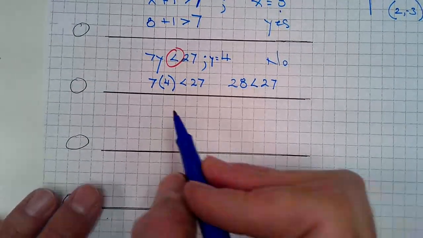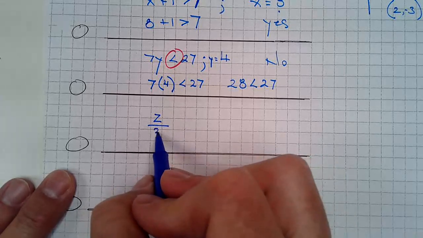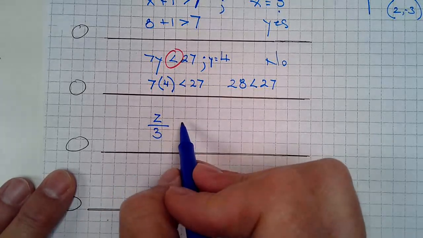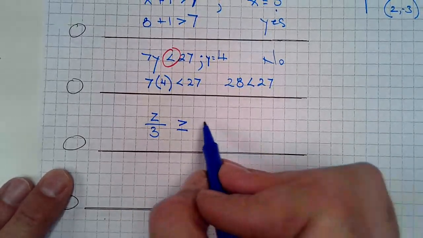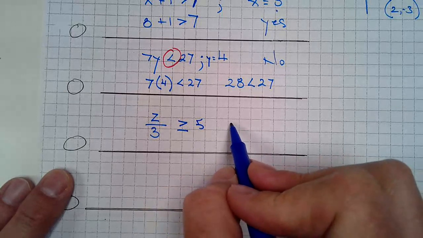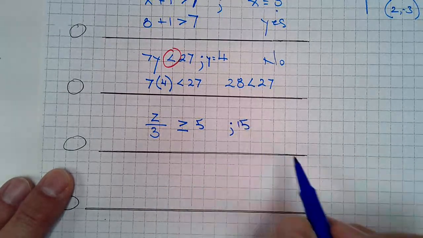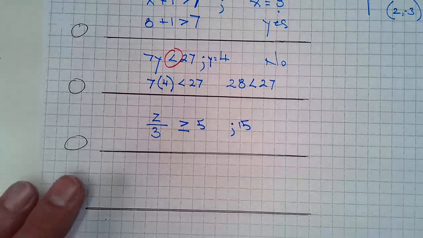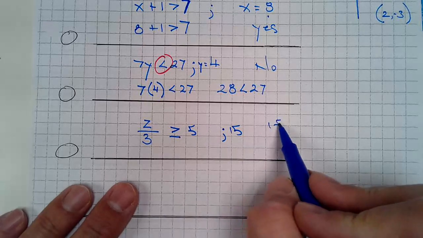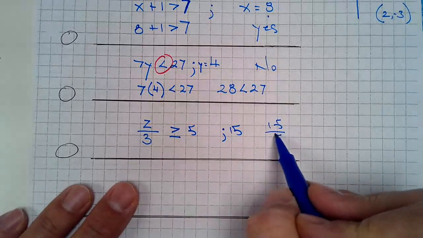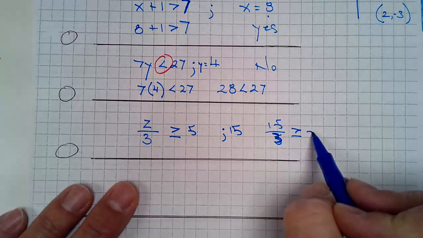Let's do one more. How about one with a division? z over 3 is greater than or equal to 5. And the possible solution they give is 15. So I can just replace it. 15 over 3 is greater than or equal to 5.